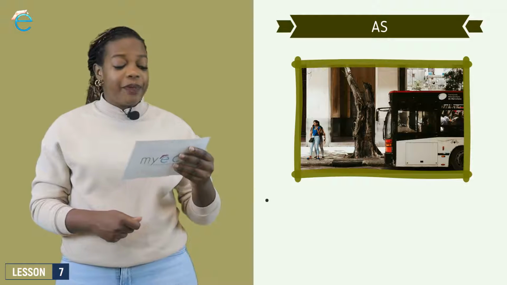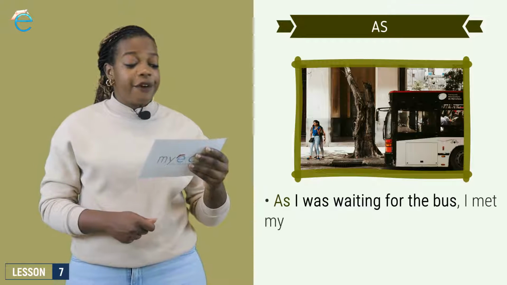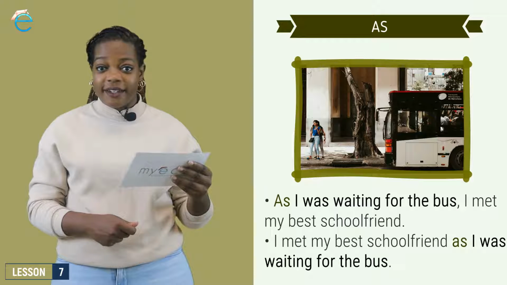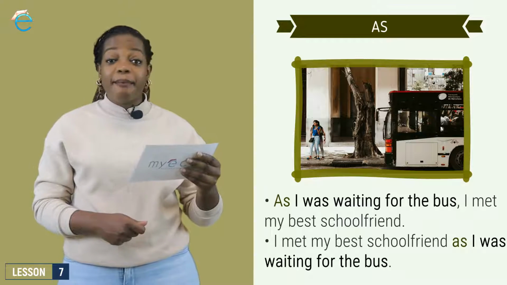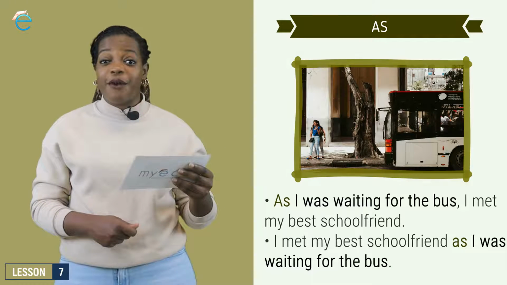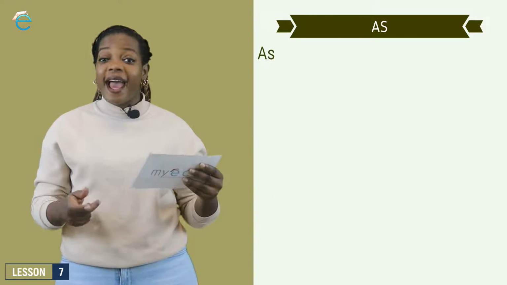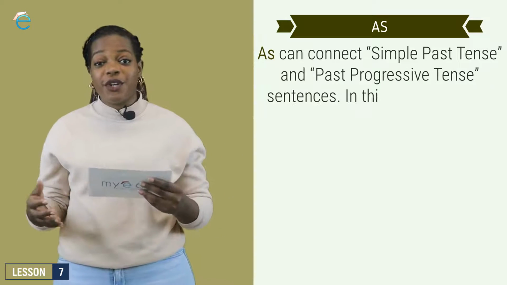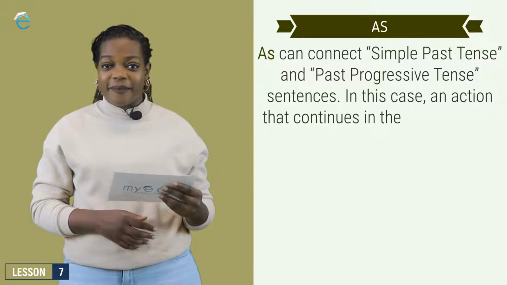Next example: as I was waiting for the bus, I met my best school friend. Or, I met my best school friend as I was waiting for the bus. As can connect a simple past and past continuous sentence.